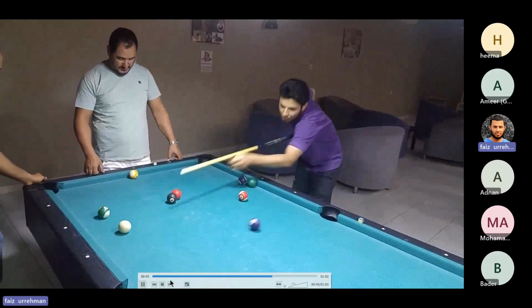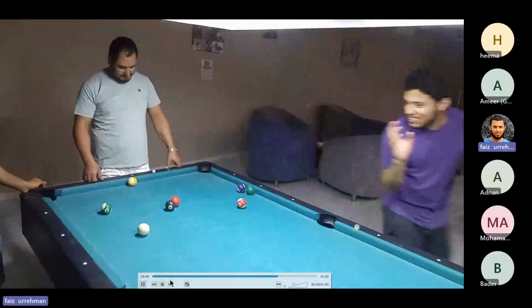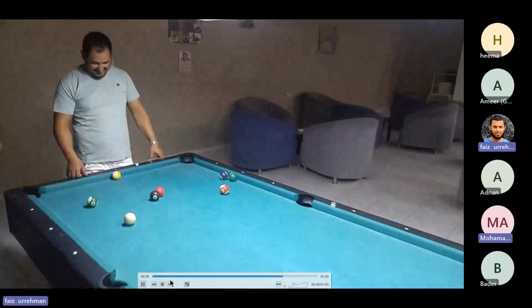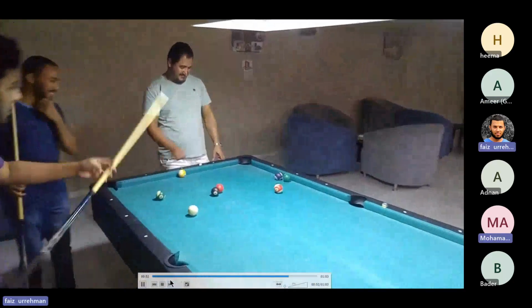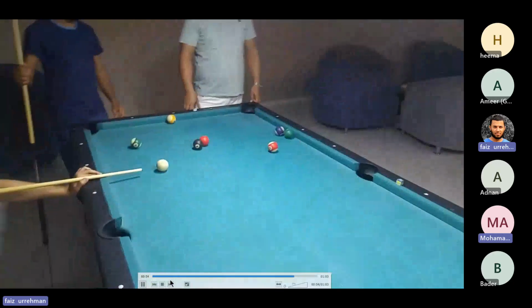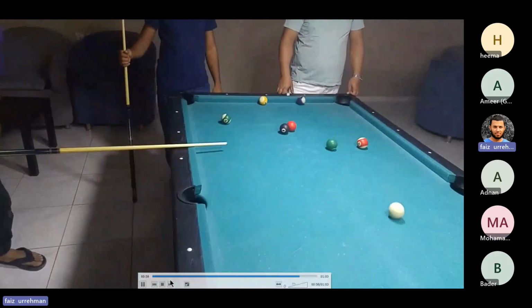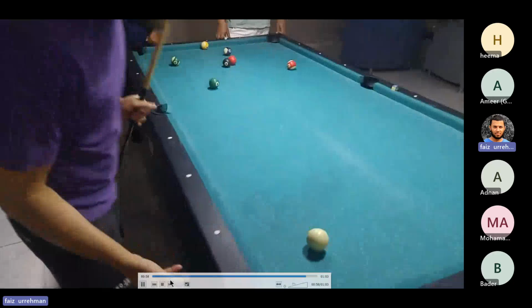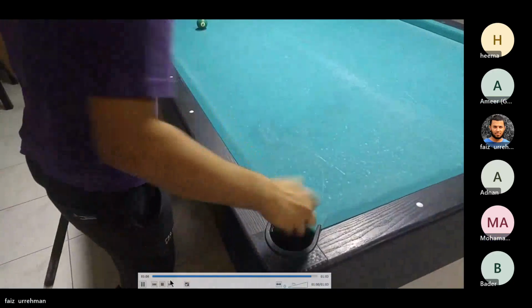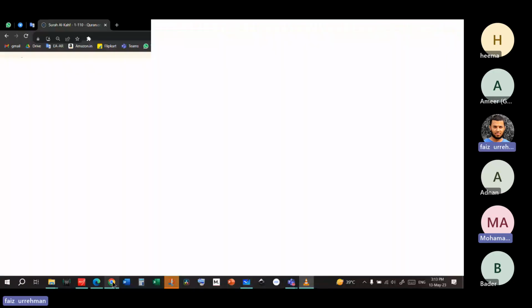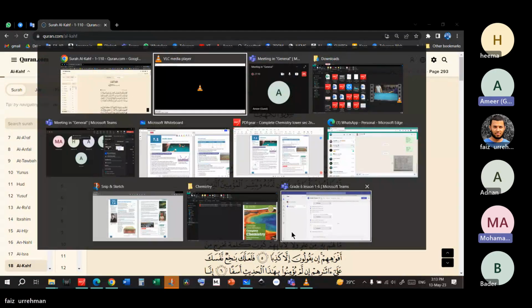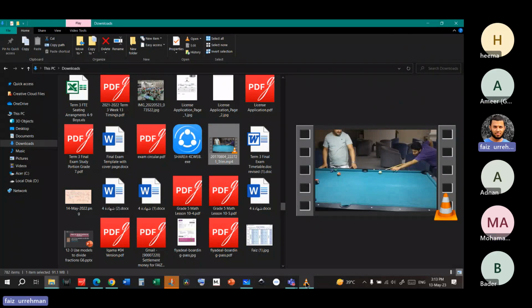Oh, I'm wearing the same shirt as the ball. Fifth ball. Then I will try to play a safe ball, but it will go in the hole. I will face a foul now. I tried to play it safe. Mister, you can teach us billiards. I can teach everything.